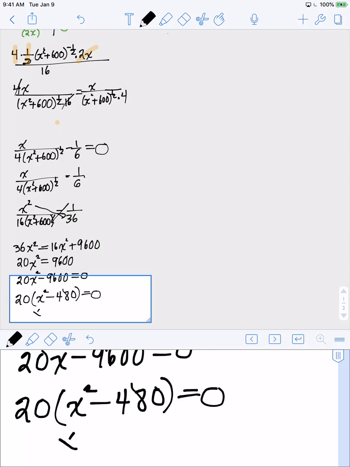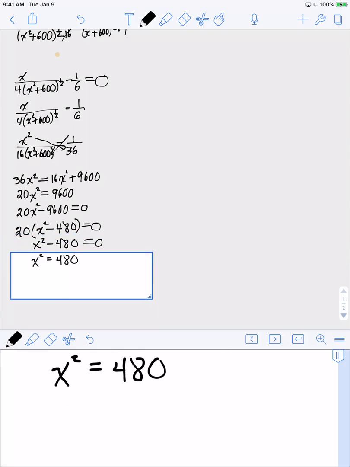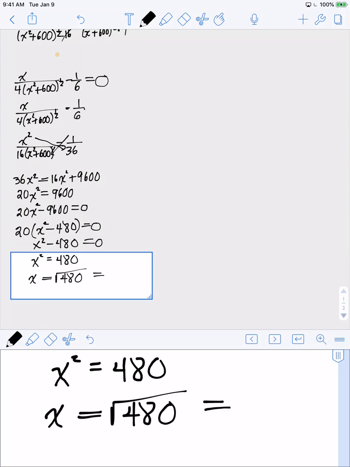So when will x squared minus 480 equal 0? When will x squared equal 480? Take the square root of both sides.